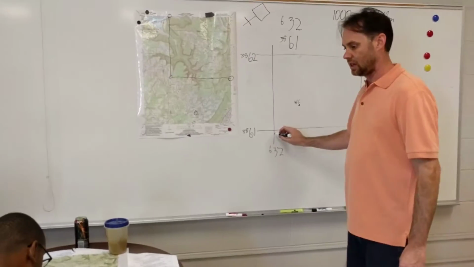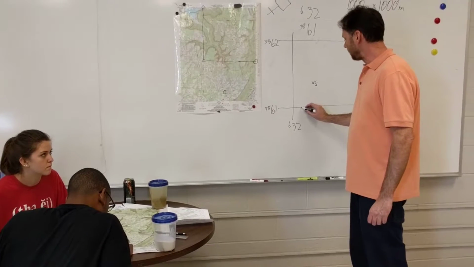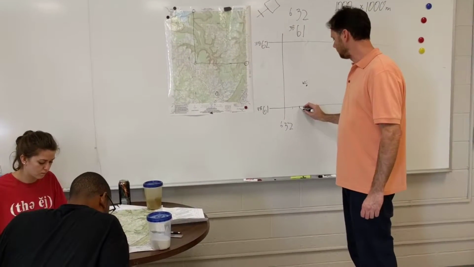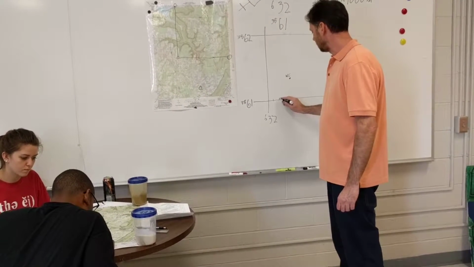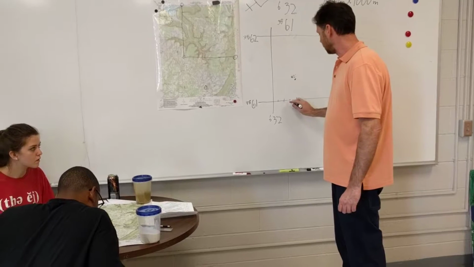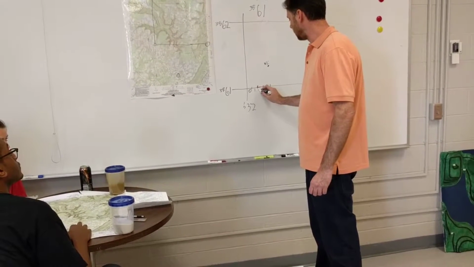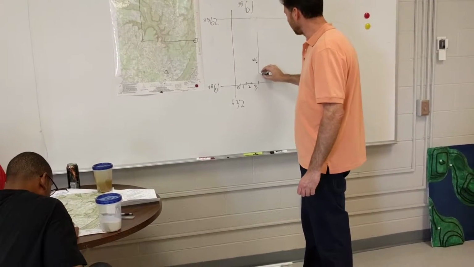How many lines over from 632 do we have before we are in the column that the church lies in, Brendan? 3. Okay, great. So it looks something like this, where we have 0, 1, 2, 3. All right, so this is in the third column.